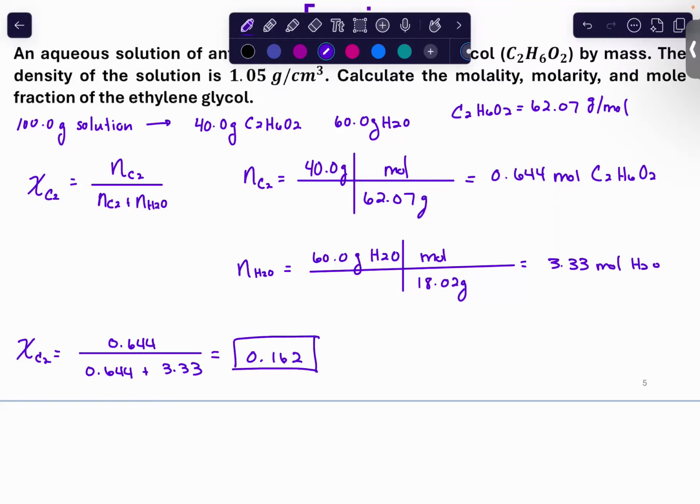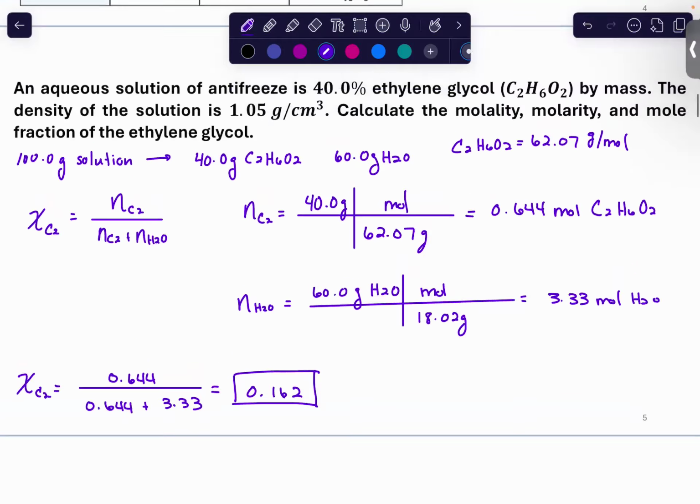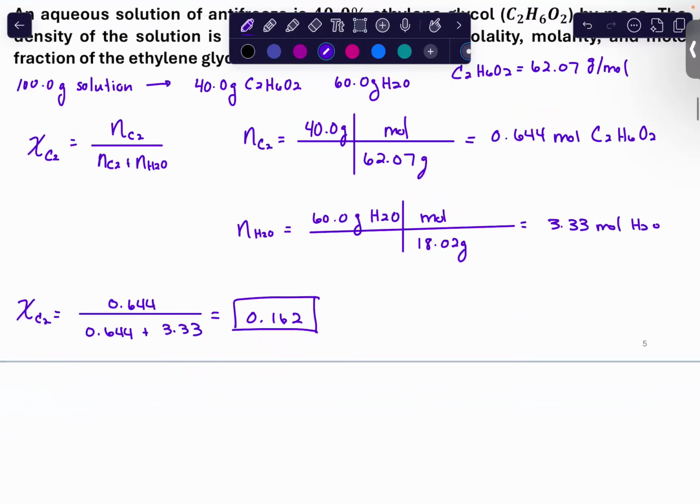And you do know that you can think of mole fractions as percentages as well. So this solution would be about 16.2% ethylene glycol. Okay, so we have our mole fraction. Let's do molality next.